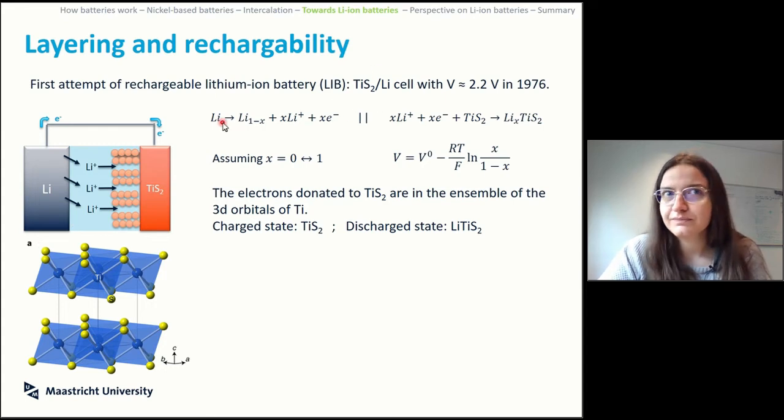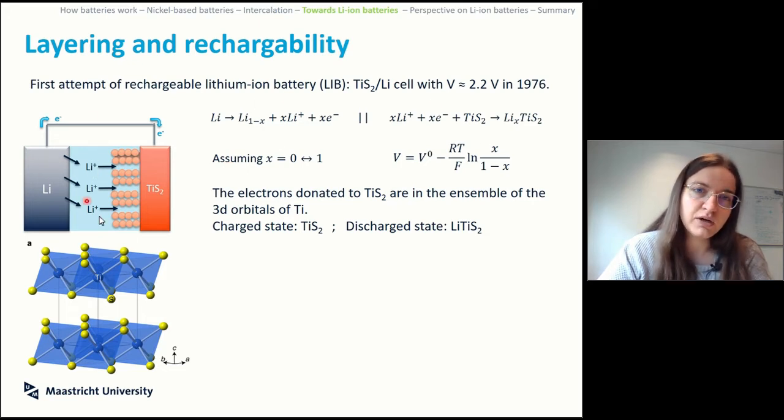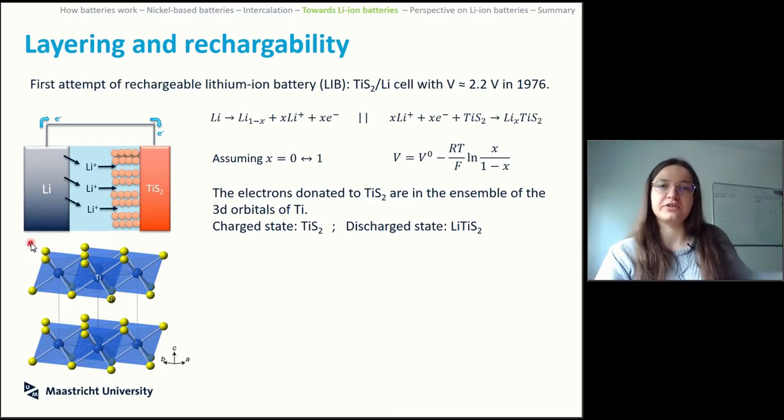And this was not super recent technology, 1980, and this will give you a 2.2 volt potential, but completely without water. And you will have these two reactions, so it's lithium to lithium plus, spitting out electrons and leaving behind lithium that doesn't have all the lithium it needs on the surface.